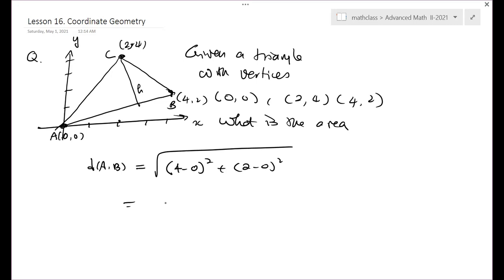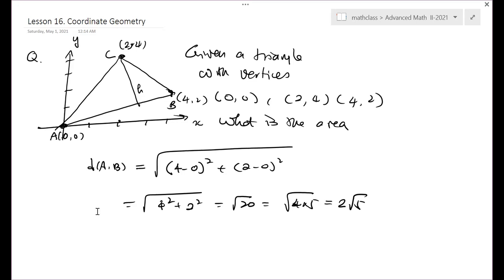You get 4 squared plus 2 squared, which is 16 plus 4, so square root 20. Square root 20 is square root of 4 times 5, which is 2 times square root 5. So the length of the base is not an integer, it's an irrational number.